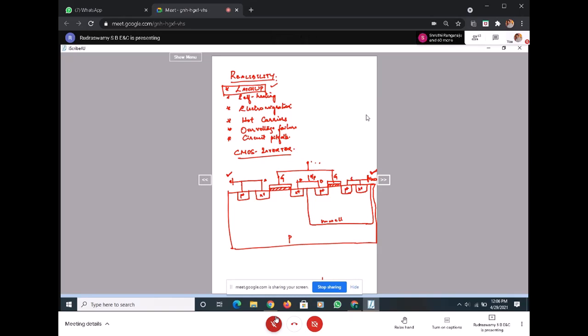Now, if I look at this particular circuit closely, what are these junctions in the N well? P plus, right? This is P, this is N, and this is P. What is happening here?